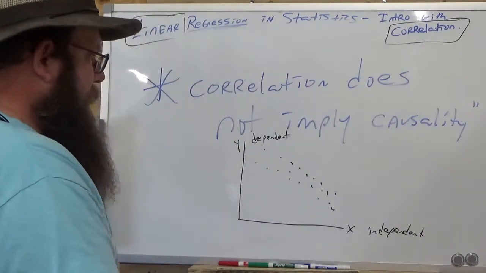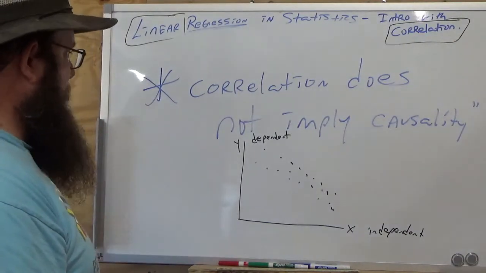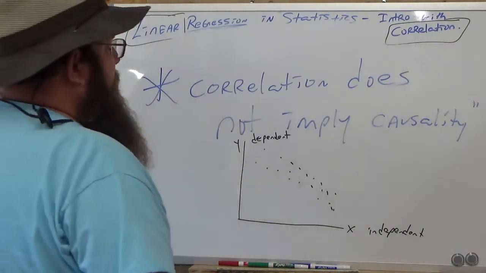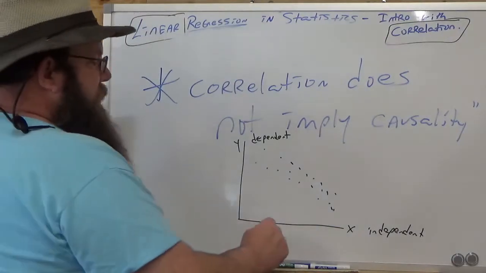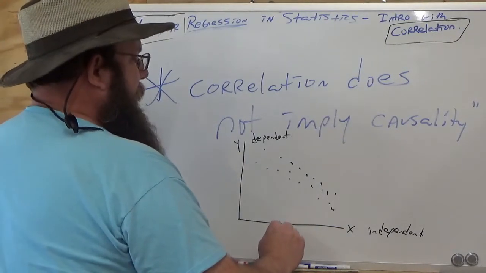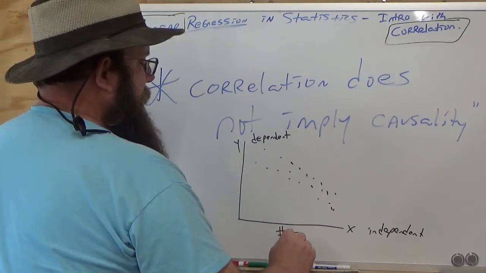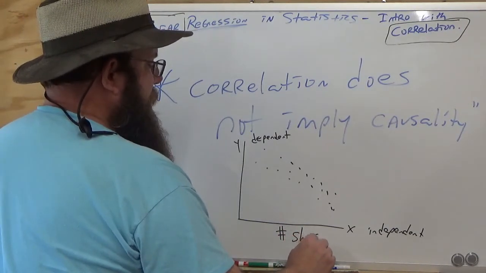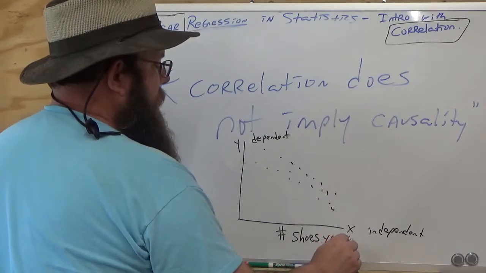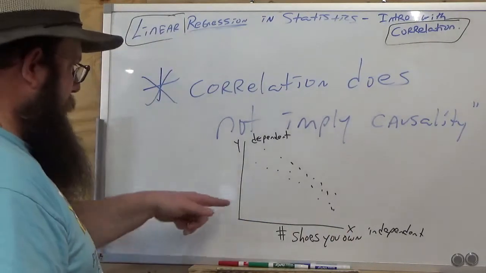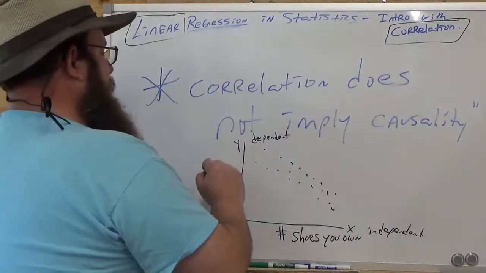So let's suppose down here this is the number of shoes that you own. And let's say over here, this is your height.